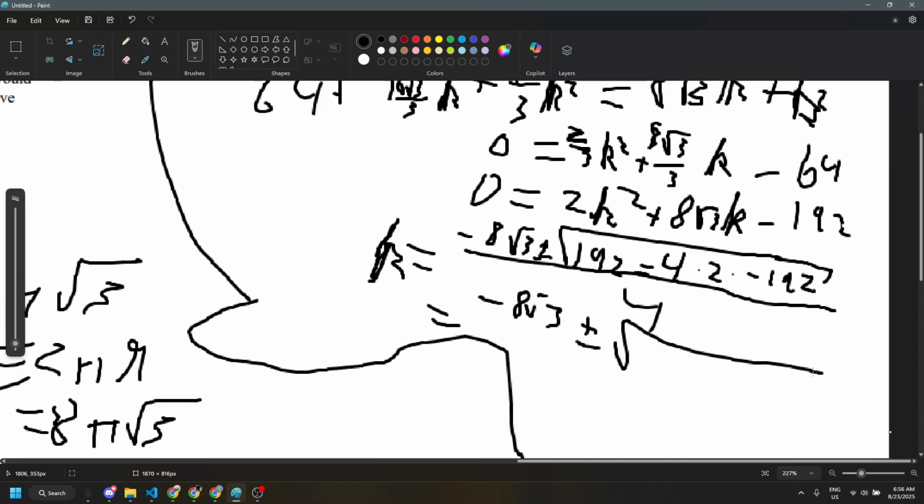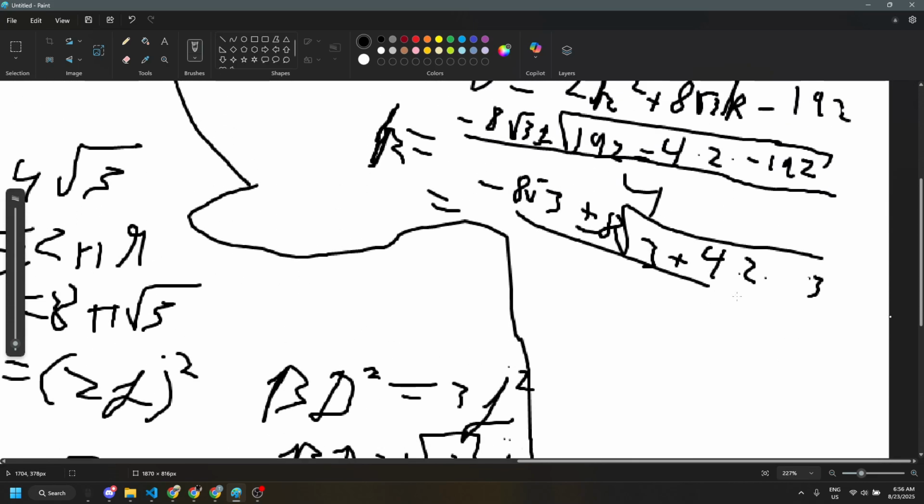plus or minus the square root of, let's take out 64 from everything in this. So if we take out 64, we have 8 on the outside. This is 3 times 64. So 3 minus, this is also 3 times 64, 4 times 2 times negative 3. Just make the over 2.